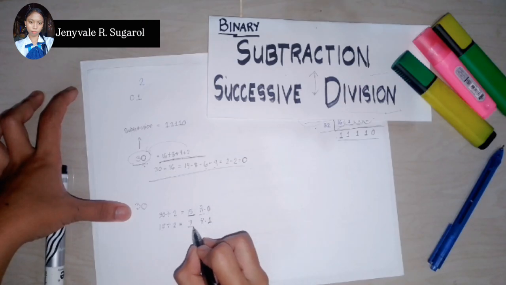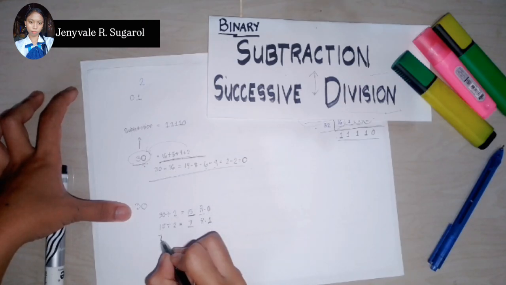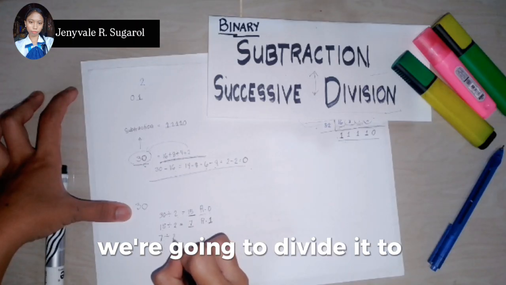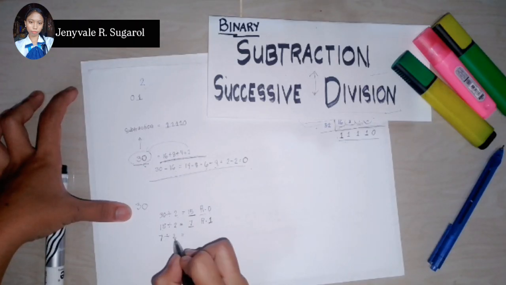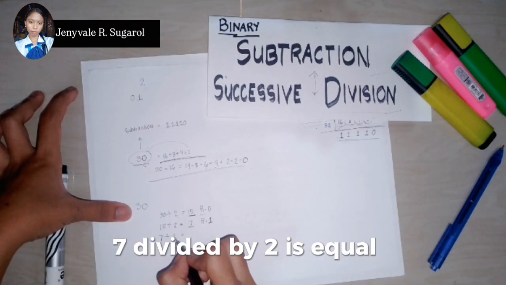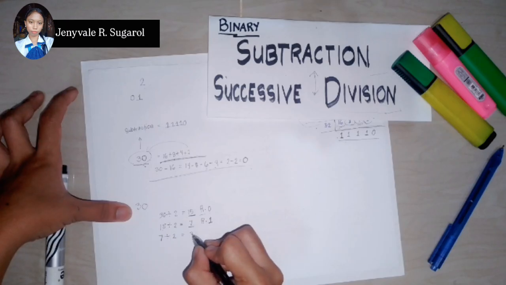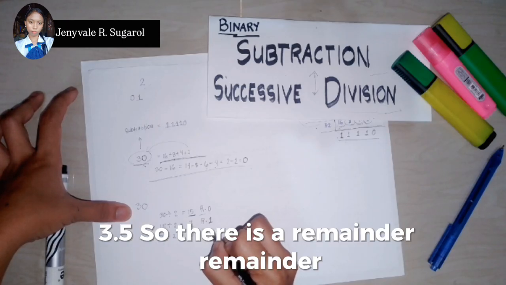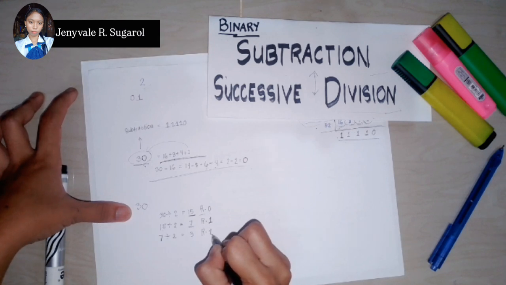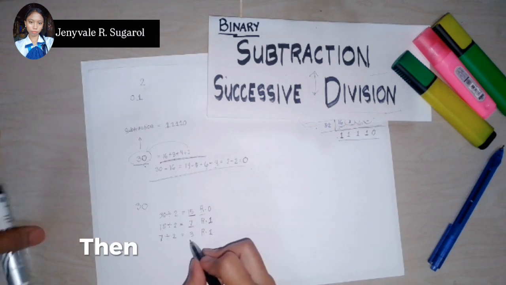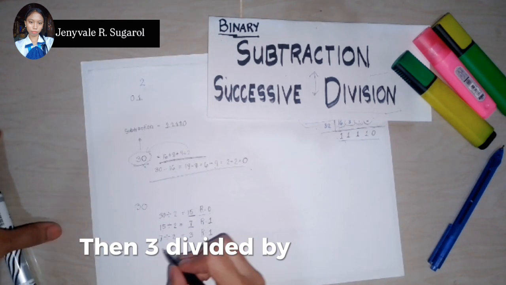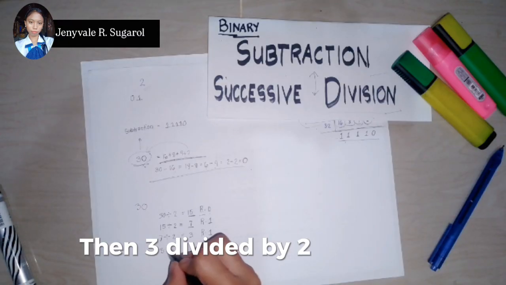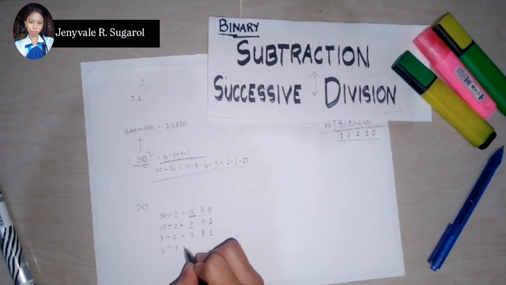Okay. The number 7, we are going to divide it by 2. 7 divided by 2 is equal to 3.5. So there is a remainder. Remainder 1. Then 3 divided by 2 is equal to 1.5.